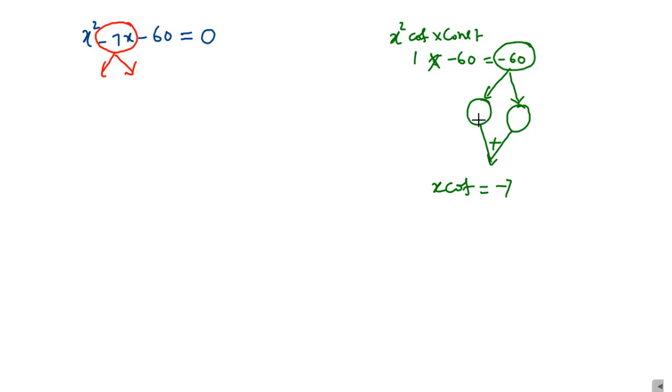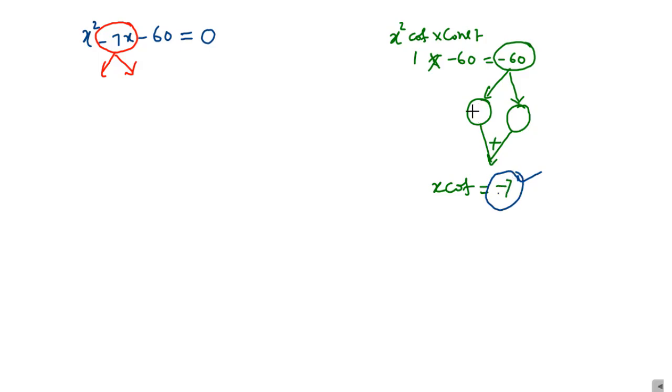That means the pair of factors that we are going to take, any one of that factor must be negative and the next factor will be positive. And which factor is to be negative and which factor is to be positive, it is decided by x coefficient. So what is the sign of this x coefficient? It has negative sign.